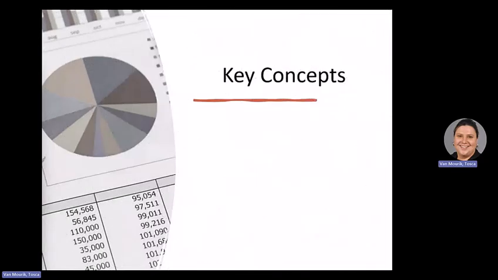What are the key concepts for this? First of all, depreciation is only on fixed assets, and fixed assets are those assets that you have bought for long-term usage, and they are used to generate some income.